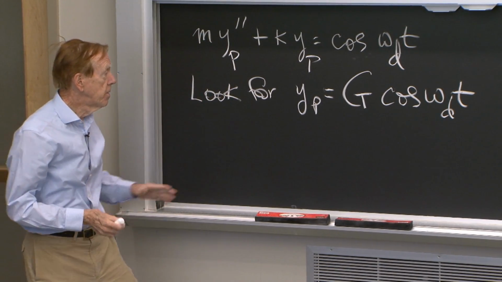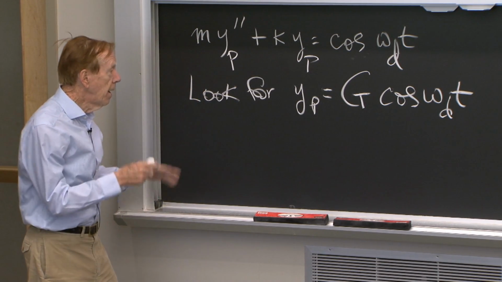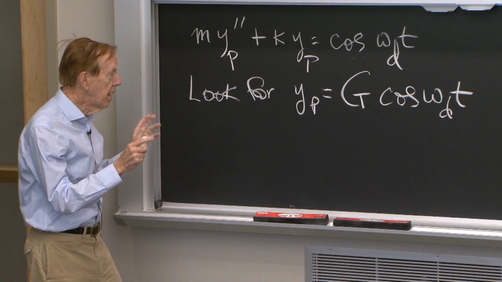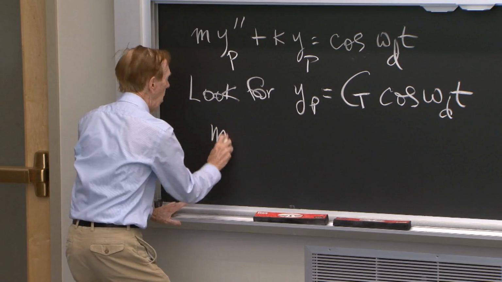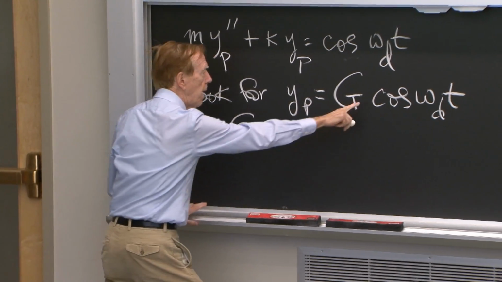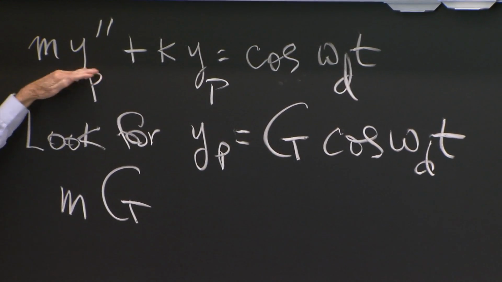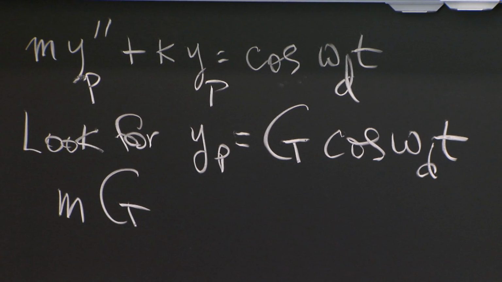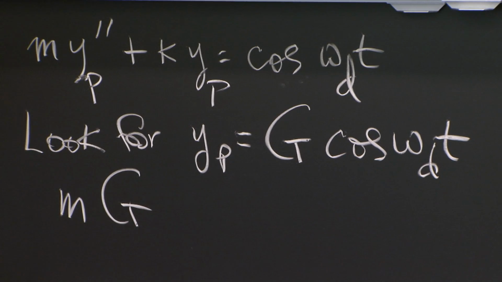Okay, so once I know what I'm looking for, what do I do? Substitute it in. So I substitute that particular solution in here, and notice everything is going to be at a cosine. m y double prime. What do I get when I plug this in? You can do it quickly, but let's do it together.